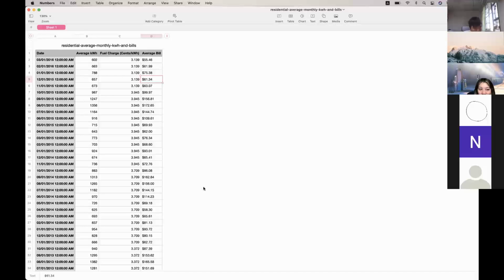Maybe there's a difference in terms of average kilowatt hour and actual daytime, nighttime. But you can see what I mean. This problem would be interesting if you're trying to reverse engineer the electricity charge, right?